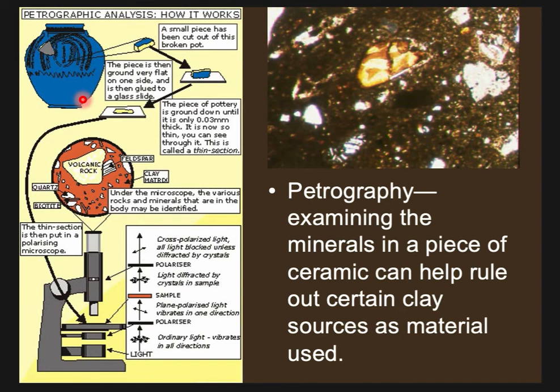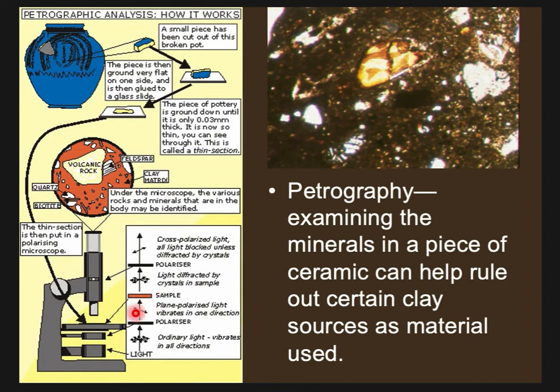Now, the way you would do this is you would take a thin section of the pot, put it on a slide, and use a special microscope that uses polarizing light. Using polarizing light, different minerals like basalt and quartz and mica would show up as different colors. Under ordinary light, they would just be yellows and browns and white.